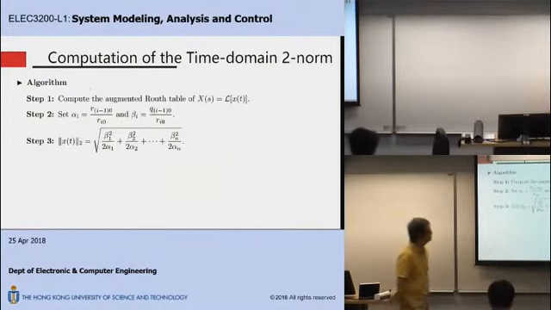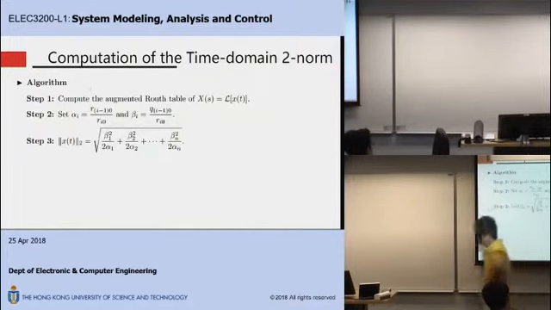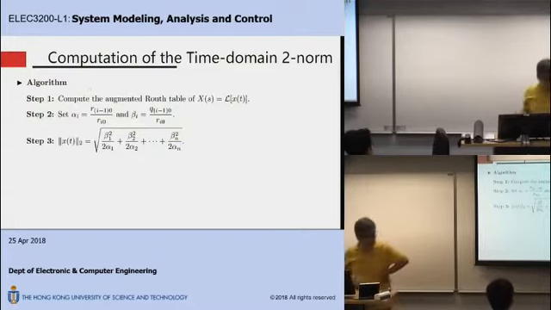We have the algorithm. We get the augmented Routh table. Then we set alpha i to be the ratio of these two numbers. Where are these two numbers from? These two numbers are from the first column of the Routh table.